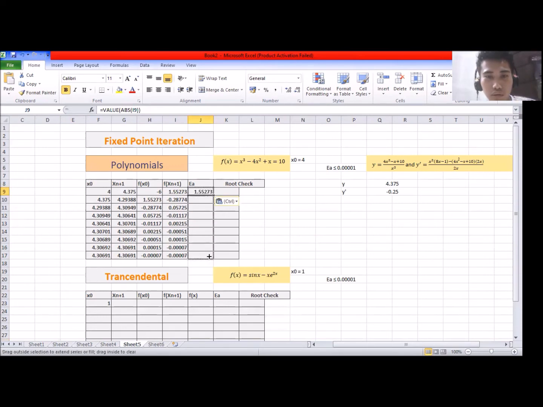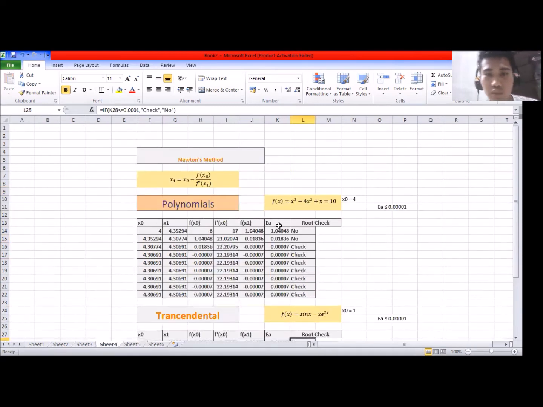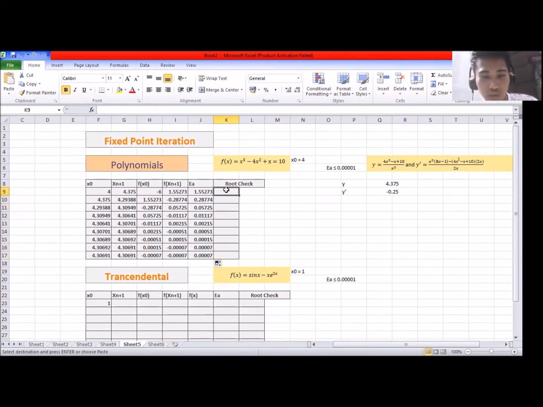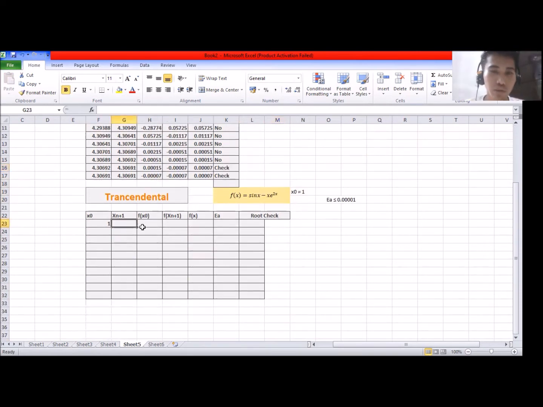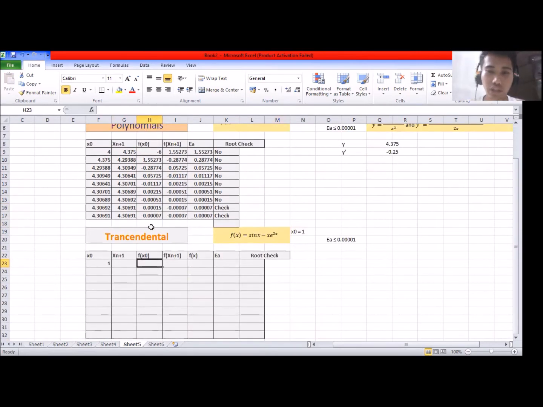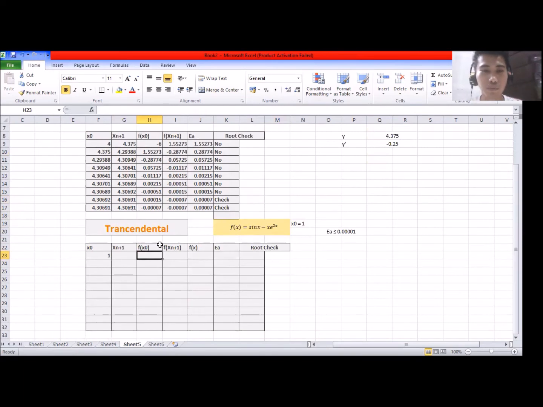Absolute till to satisfy the exponential, the estimated root. So we get the polynomial function. So next, transcendental functions like earlier. So this will be used in sine x.